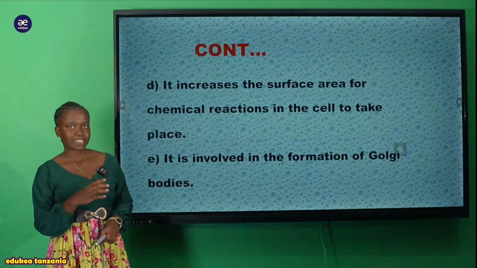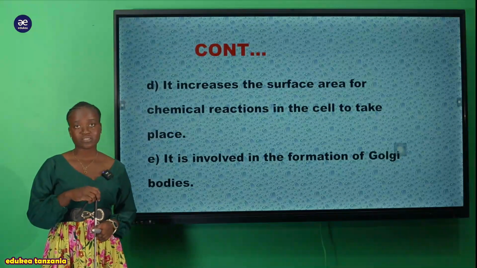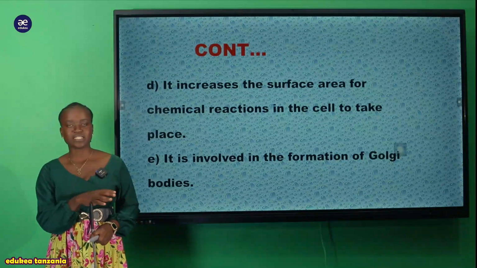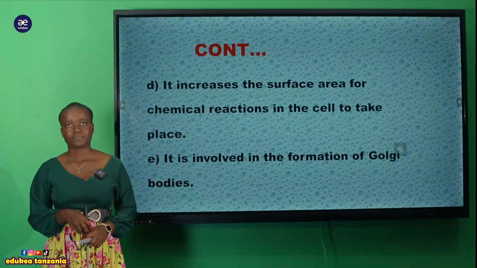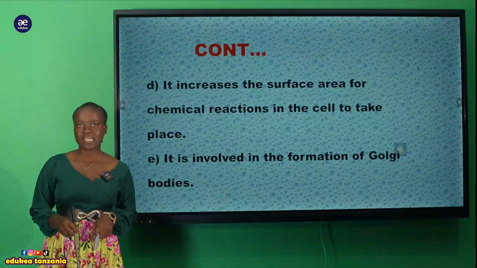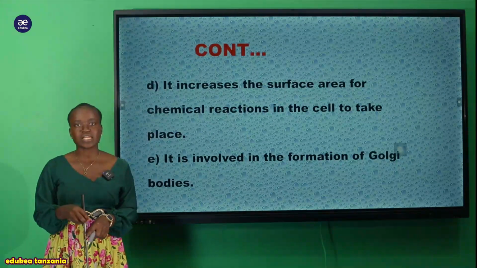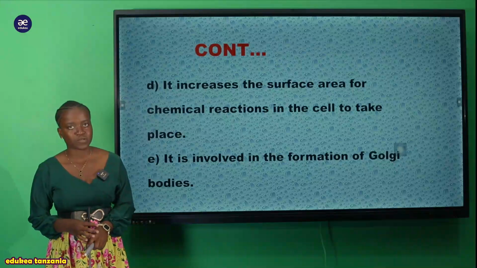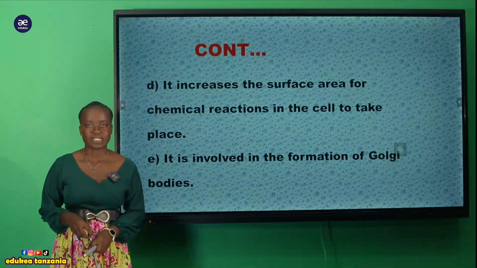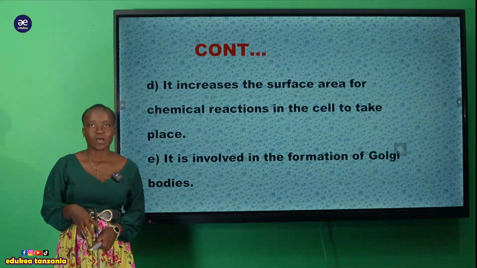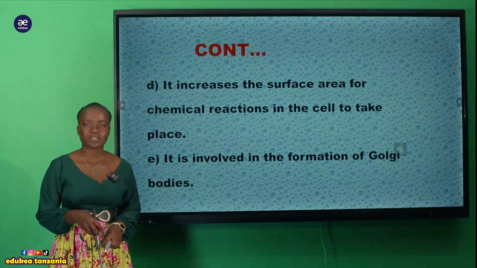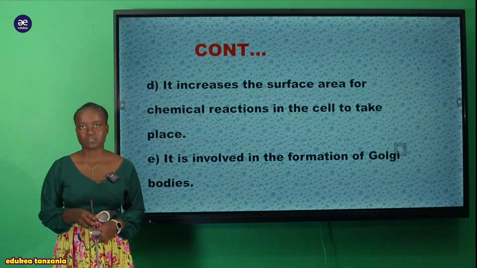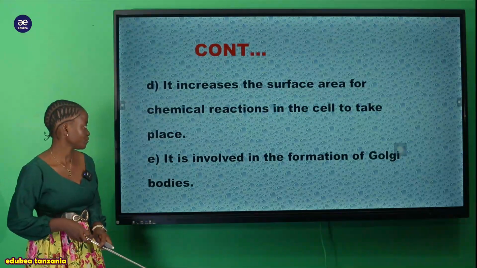over this part. Tunaita hiyo part inaitwa cystine, that we have already seen in its diagram. So that is cystine ndio ambayo ina increase surface area for different kinds of chemical reactions to take place within a cell. So that becomes the function of the smooth endoplasmic reticulum.